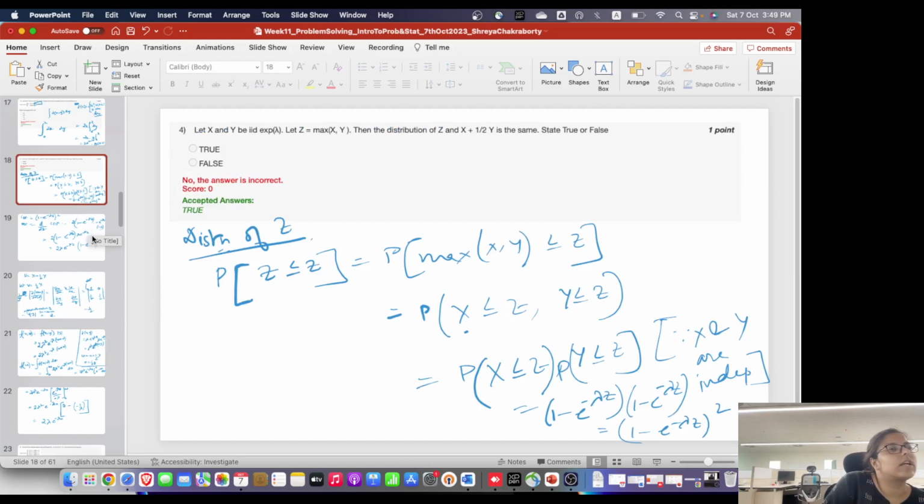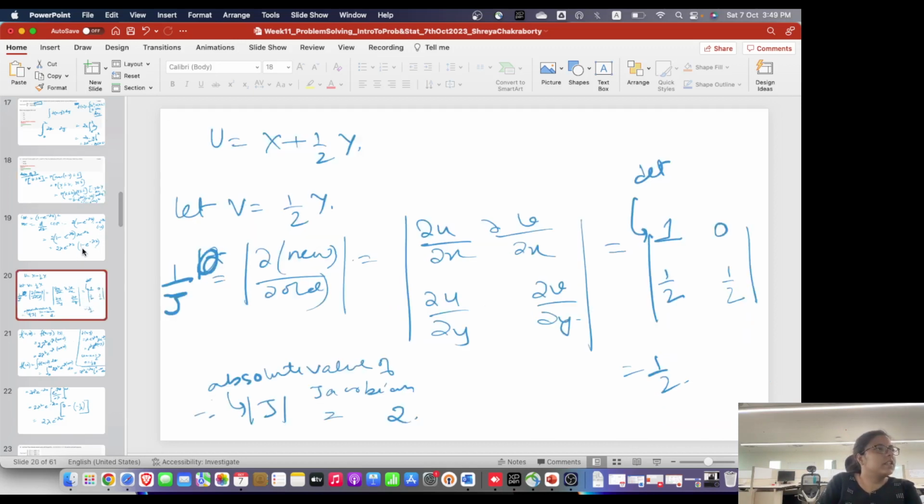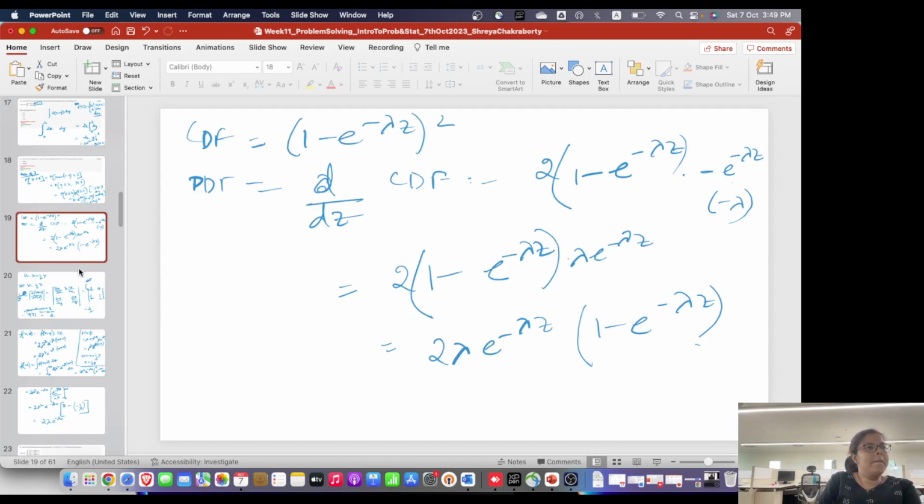Half x plus half y, x goes from 0 to infinity, y also goes from 0 to infinity, so x plus half y will also take values from 0 to infinity. This is okay.